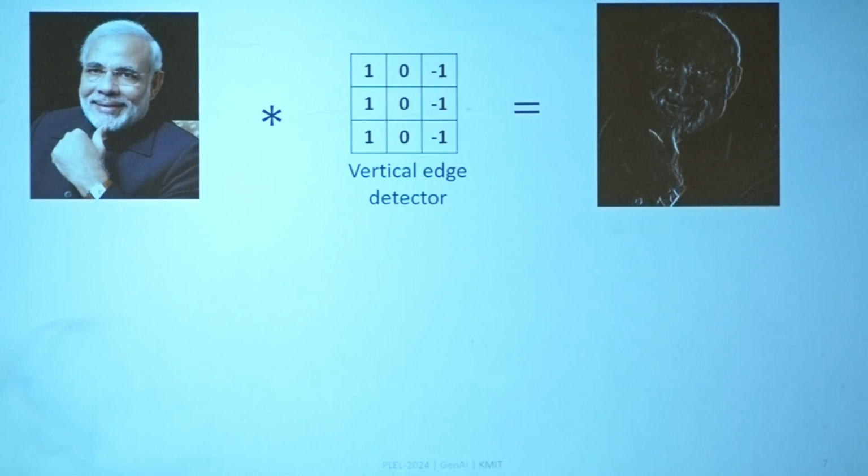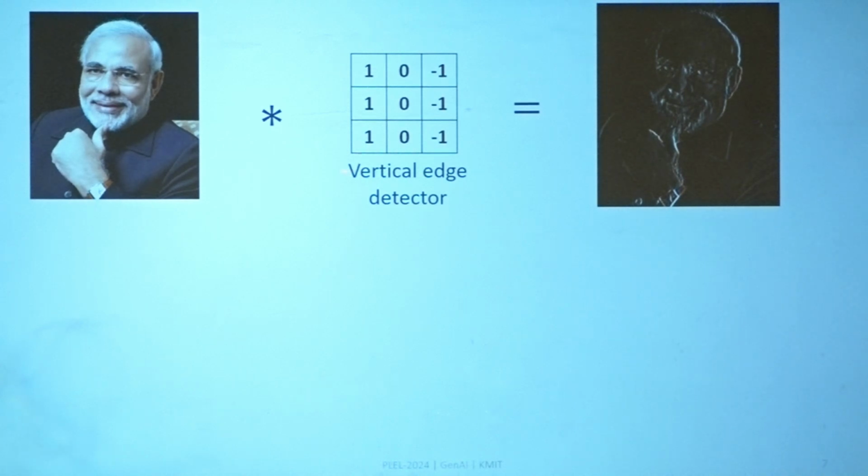Okay, let's have a look here. What are the values I have taken? Don't bother about the values, but just observe how the values are and what their effect is. This portion, 1 1 1, will capture light regions. This negative value is -1.